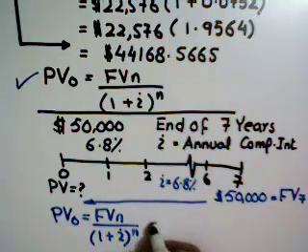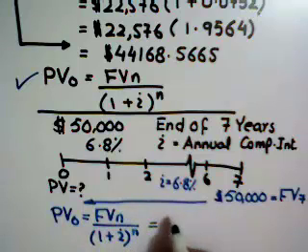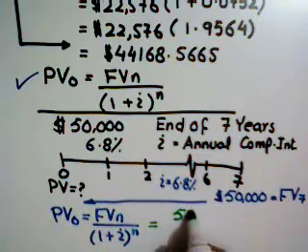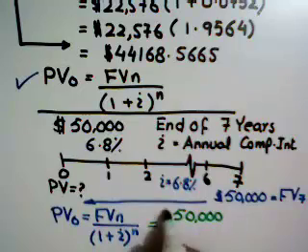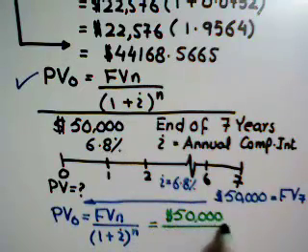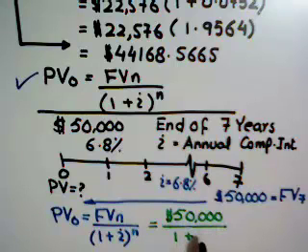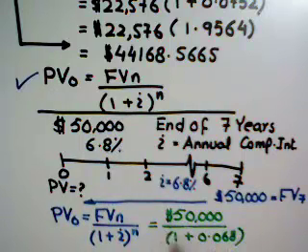Future value at the end of 7th year is 50,000, divided by 1 plus annual compound interest rate 6.8%, which is 0.068, raised to the power n, number of years, which is 7.